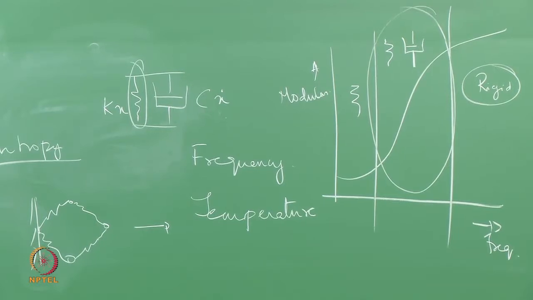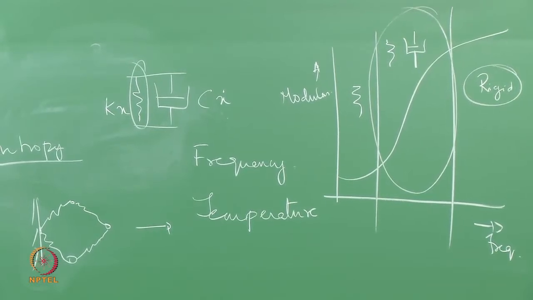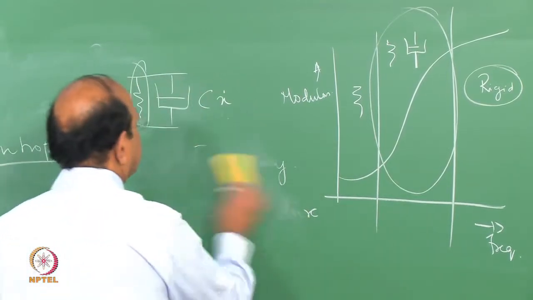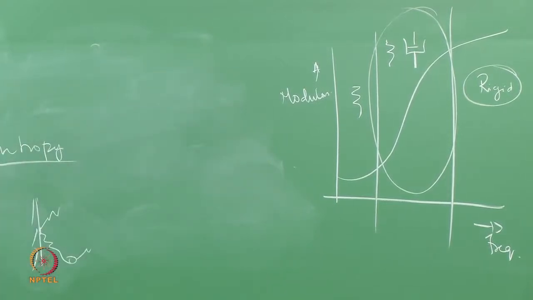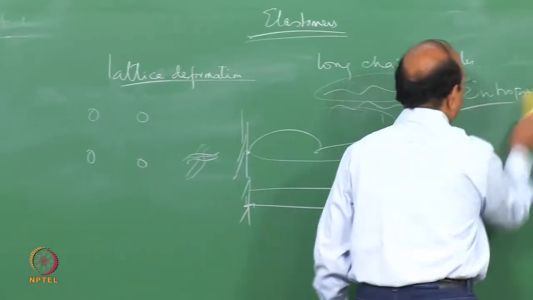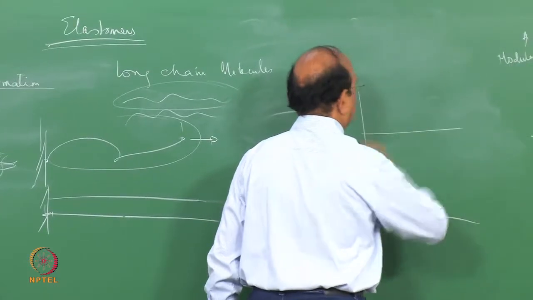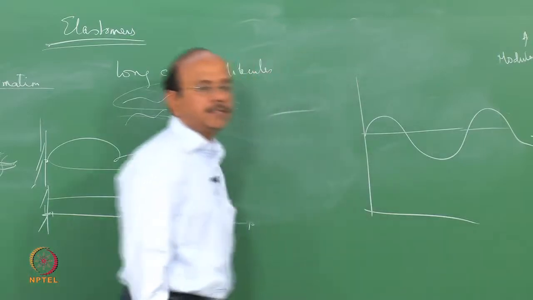That's our region of interest. If I now plot a stress strain curve for that region of interest, which I would call the viscoelastic region of interest, how would it look like? Let's say that I apply the stress like this.